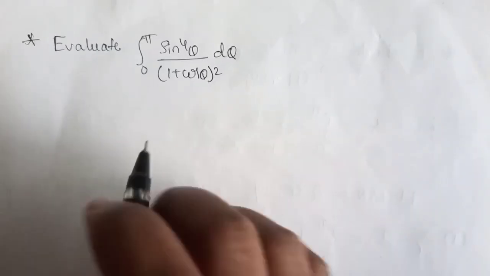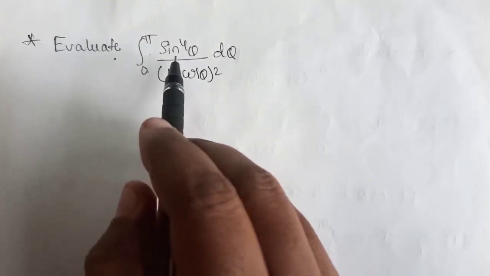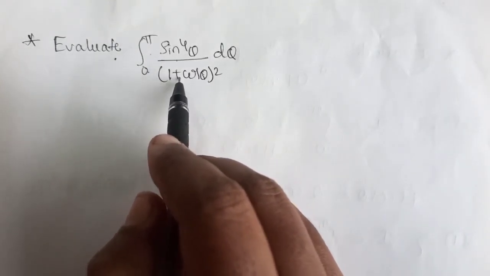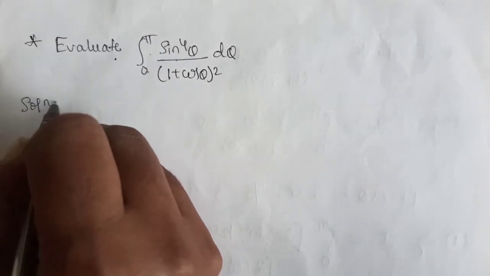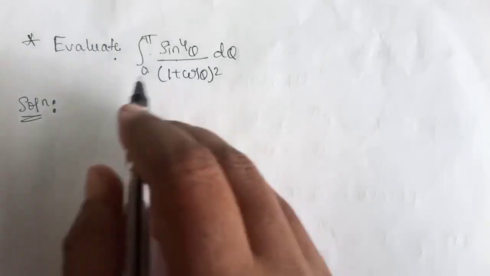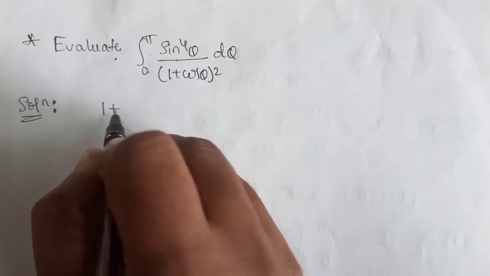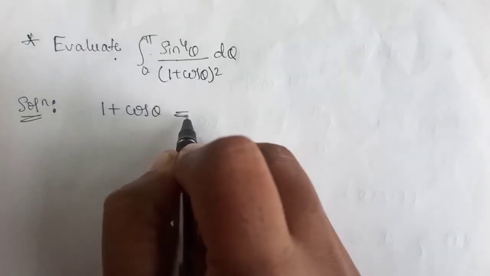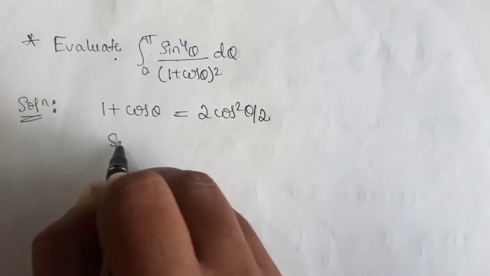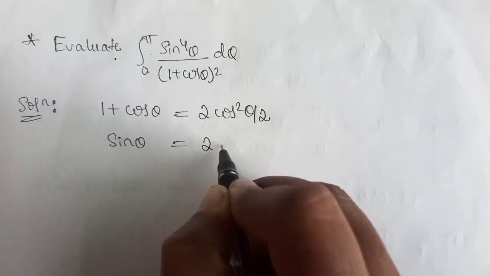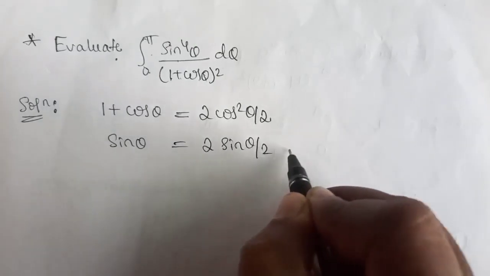So next problem, evaluate integral 0 to pi sin power 4 theta whole divided by (1 plus cos theta) whole square into d theta. We solve this problem by using trigonometric formulas. We know that 1 plus cos theta equals 2 cos square theta by 2, and sin theta can be written as 2 sin theta by 2 into cos theta by 2.